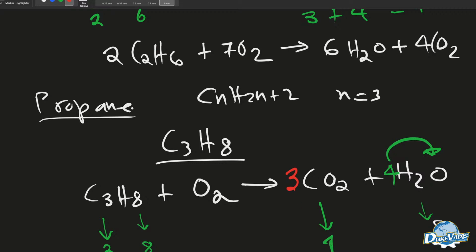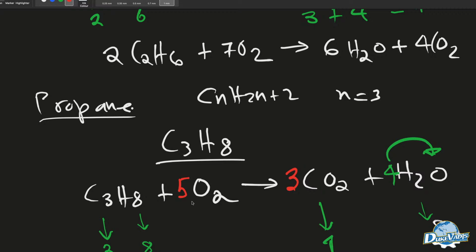Now, if the oxygen is 6 here, plus 4 times 1 here, that will be plus 4, so our oxygen will be 10 in total. Meaning we need to put 5 here to have this equation balanced. Is it not interesting? Very, very interesting. In the same way, as we keep going, that is how it's going to be.